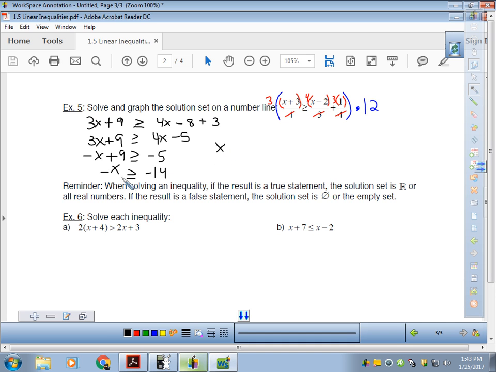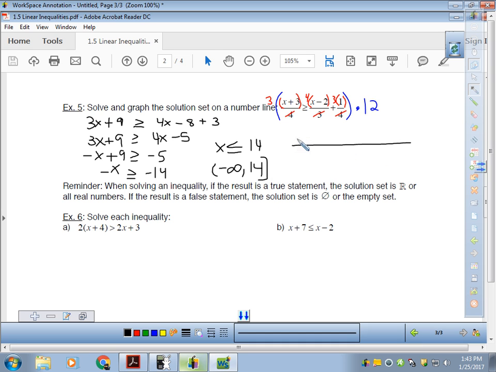When I divide by a negative, the inequality switches around, so it's now less than or equal to. Negative 14 divided by negative 1 is positive 14. So there's my answer. If I write it in interval notation, then x is less than or equal to 14. It means I go from negative infinity all the way until 14 with 14 included.